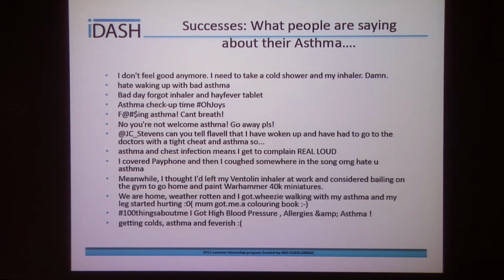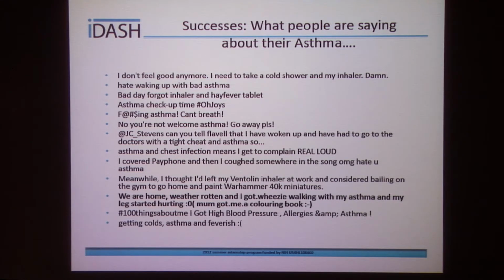But here are some examples of the successes that we're having at pulling out tweets referring to the user experiencing symptoms. So these are all from the test set and ones that the algorithm has determined actually are referring to the user. So a pretty typical one would be something like, "Bad day, forgot inhaler, and hay fever tablet."